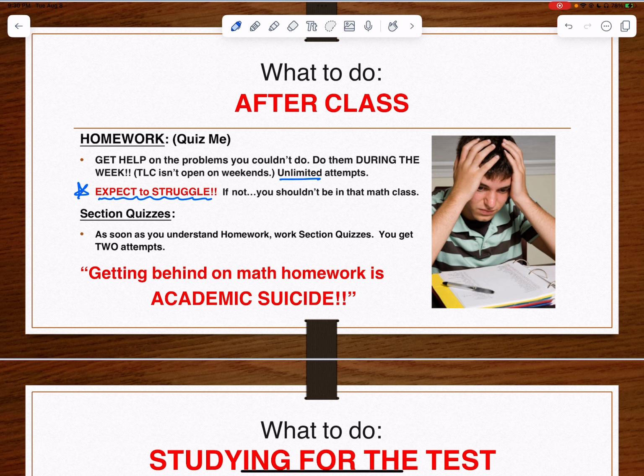Now the section quizzes, as soon as you understand that homework, as soon as you've worked those quiz me's, I want you to take the section quiz. You get 2 attempts on your section quizzes. On the homework, which is the quiz me's, and I'm sorry that my math lab doesn't let me change that word to homework, you get unlimited attempts.